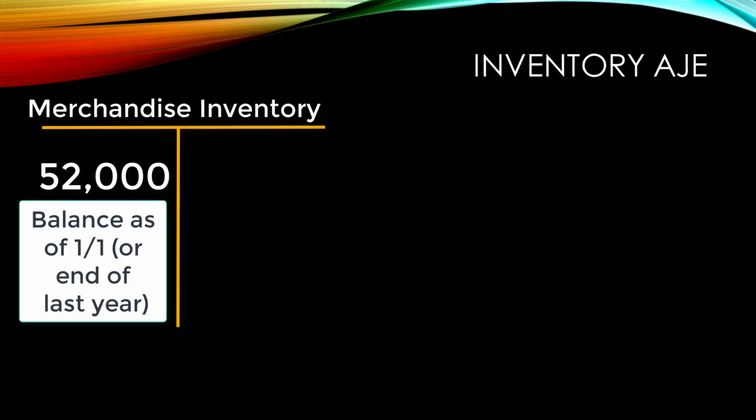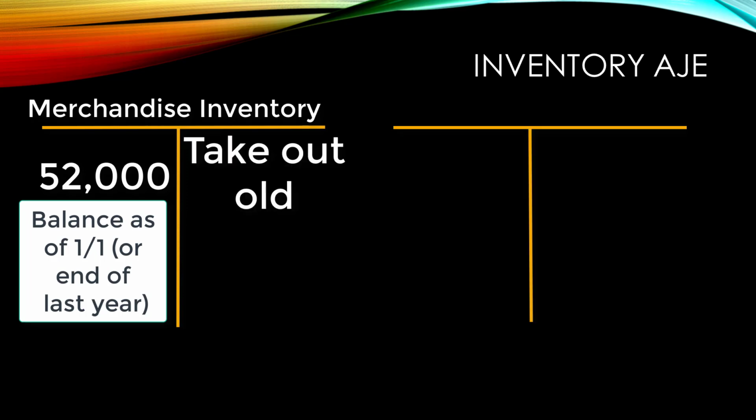In the last slide, we saw that the inventory account from last year held a balance of $52,000. Our first step will be to take this $52,000 out. In order to do this, we need a temporary holding account.